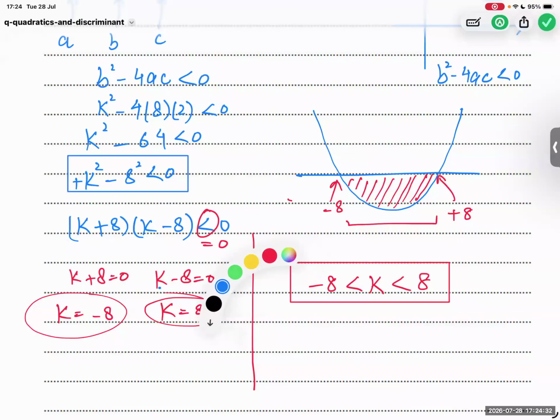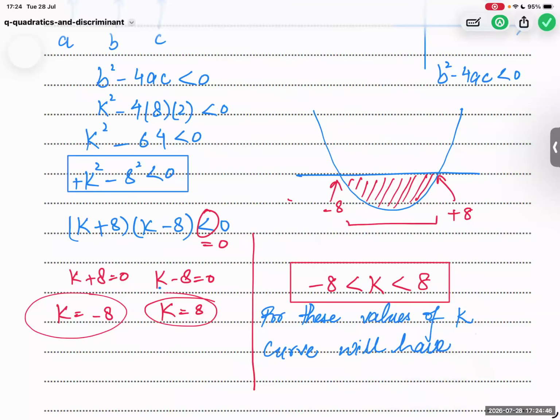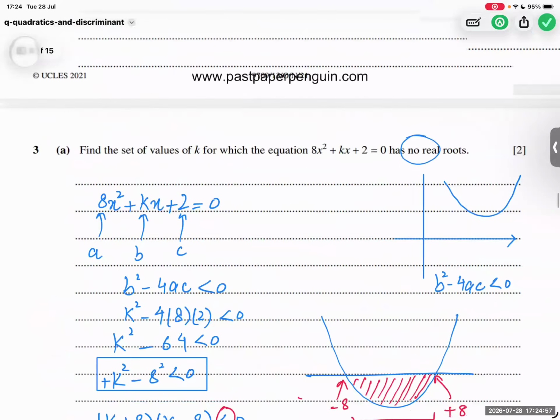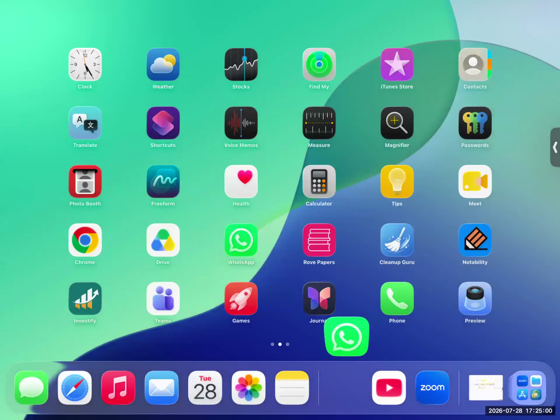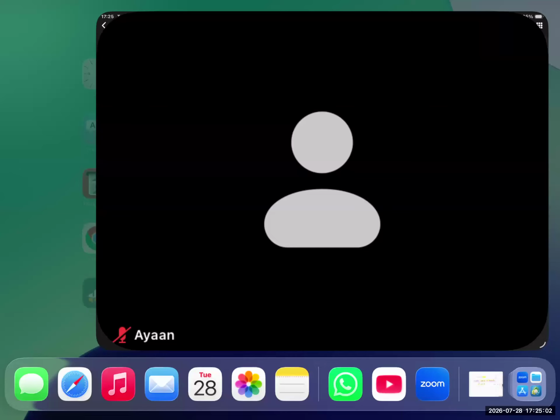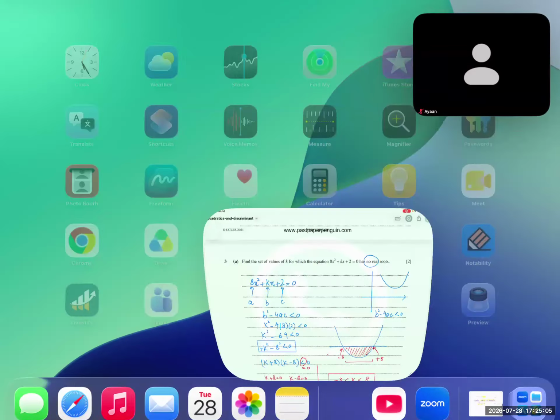At the end, you would write: for these values of k, the curve will have no real roots. Done? I hope it's clear. That's the thing we've been doing repeatedly, right? Is that clear, Beta? Ayan? Yes. Okay.